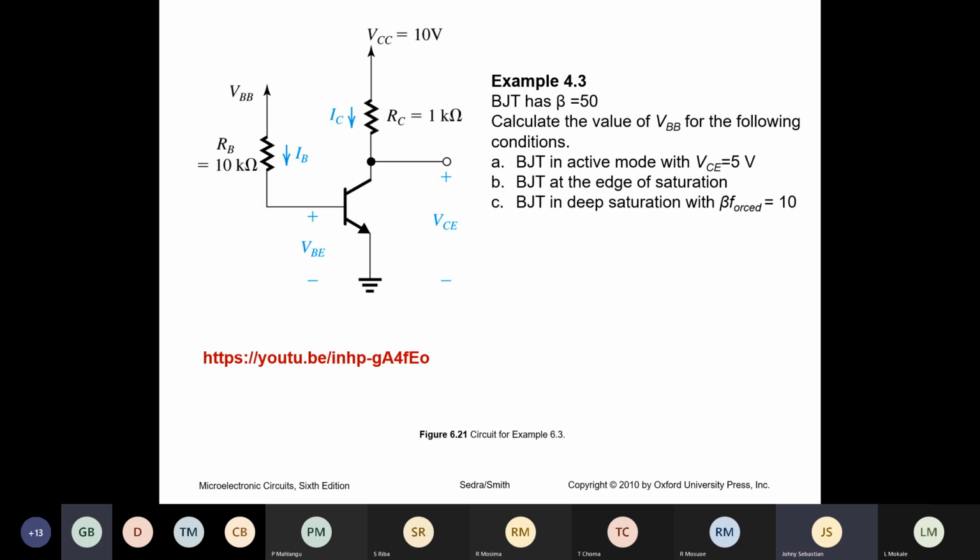Sir, are you writing on the slides now? No, I can't write anything on the slide. I can't even draw on the slide. I am just showing you. Can you see my pointer? No. Oh, that is difficult.